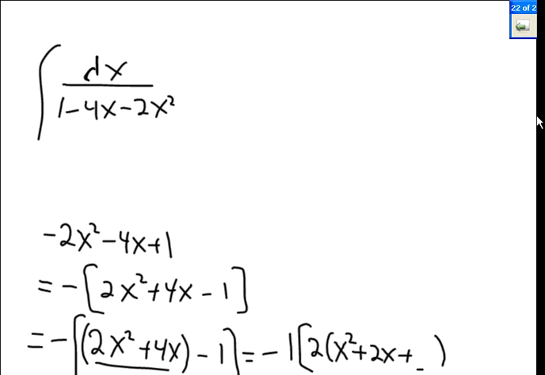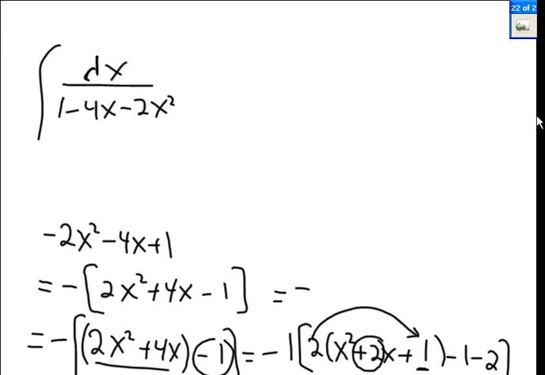Now, what you write here is half of that number. Half of 2 is 1. When you square it, you get 1. But you didn't just add 1. If anything, you added 2. So you always had minus 1, and now you have to take away 2 to balance it out.